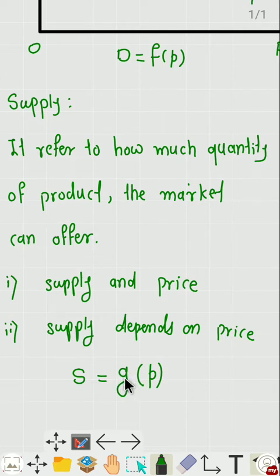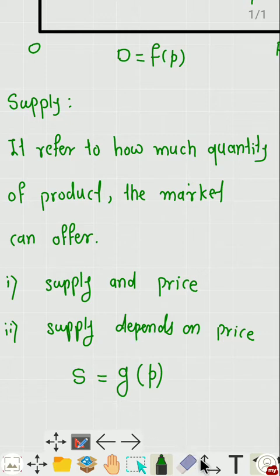In this case also we have the following law of supply: if all other forces remain equal, then the higher the price of a good, the more of it is supplied in the market. Thus, the supply curve S equal to g of p is an increasing curve as shown in the figure.